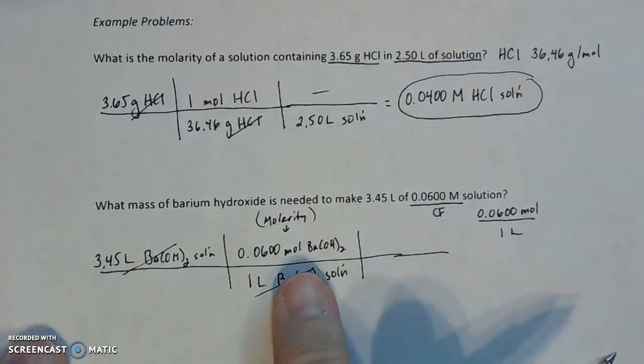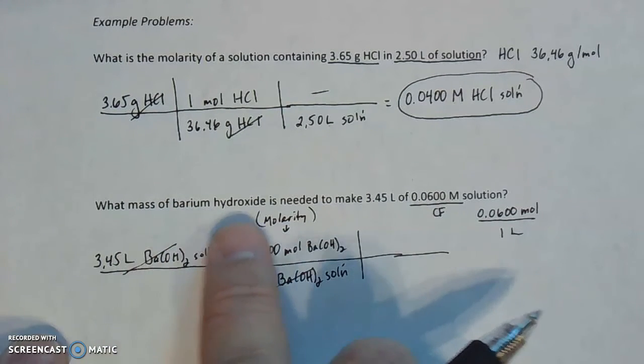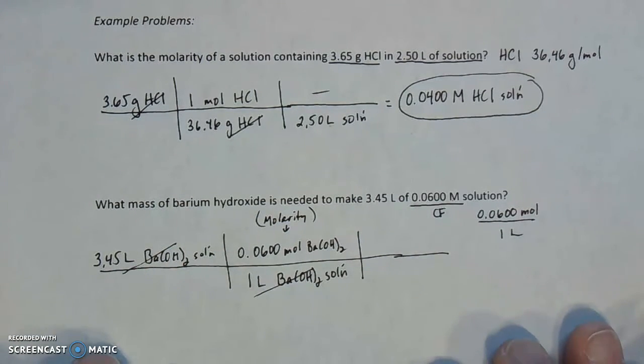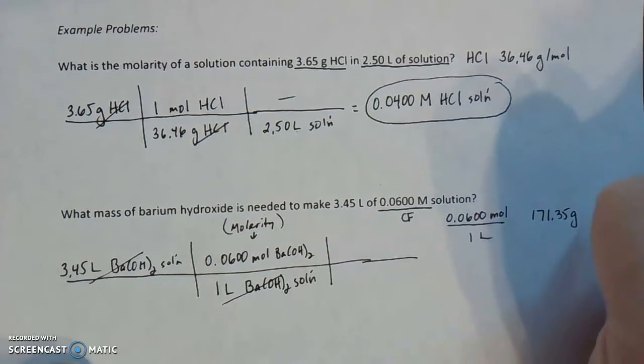If we stopped here, our answer would be in moles. But we want our answer to be in grams because it's asking for a mass. So we need to calculate the formula mass of barium hydroxide. And barium hydroxide is 171.35 grams per mole.